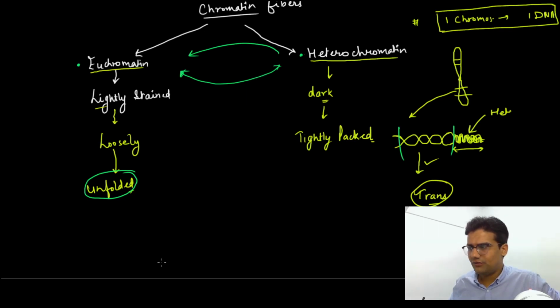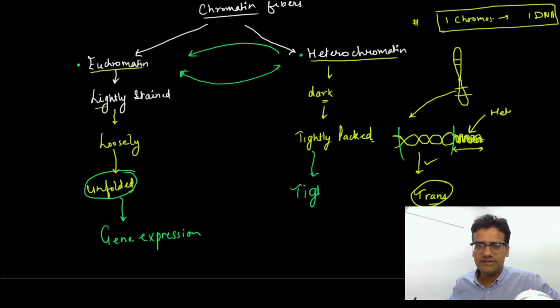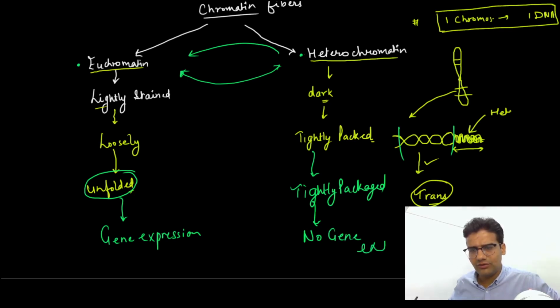So this is the unfolded part, and this is the part which undergoes gene expression. This part is responsible for gene expression. And this is the tightly packaged part. In this tightly packaged part, there is no gene expression.